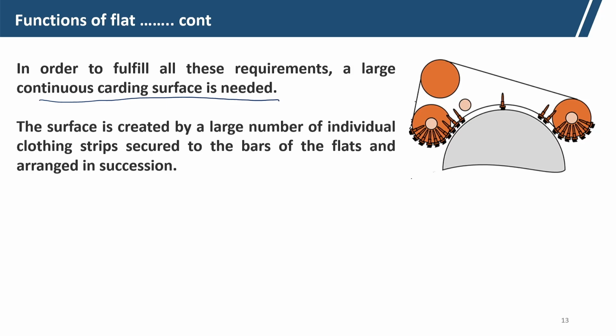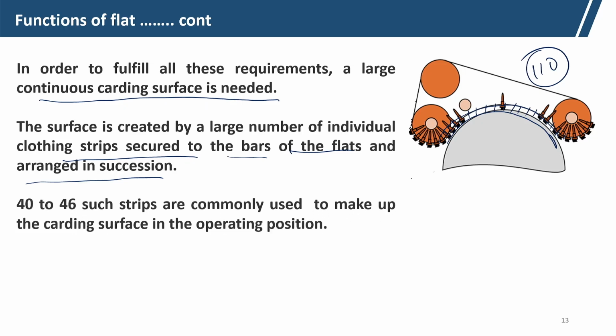The surface is created by a large number of individual clothing strips secured by the bars of the flats and arranged in succession. So, this continuous surface is created by a large number of flats. Typically 110 flats are there, but within this zone it is typically around 40 flats. 40 to 46 such strips are commonly used to make the carding surface.